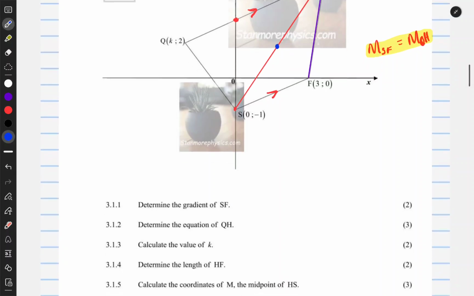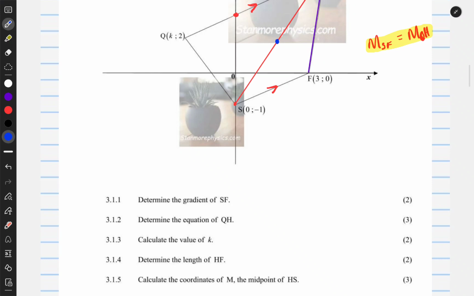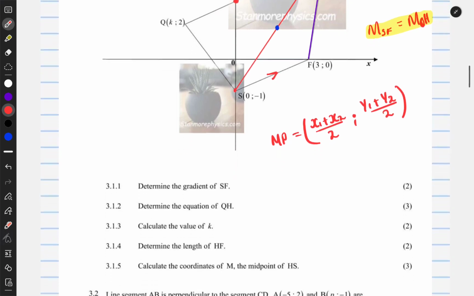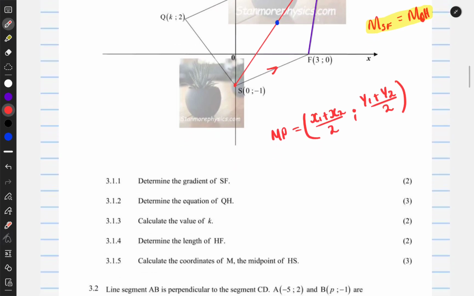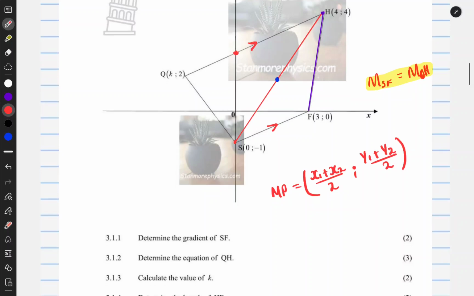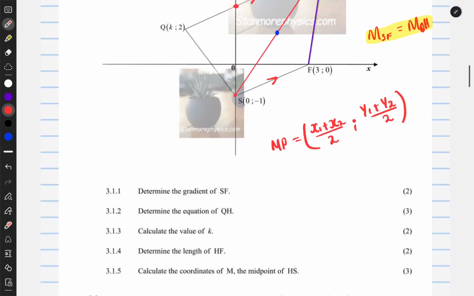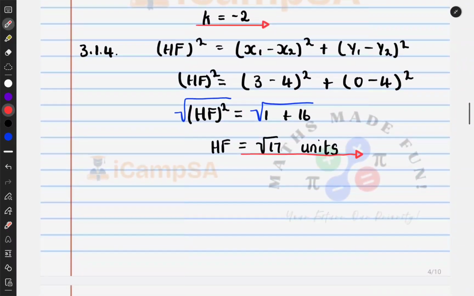The midpoint formula is (x1 plus x2 divided by 2, y1 plus y2 divided by 2). This will give us the coordinates of M. The H coordinates are (4, 4) and the S coordinates are (0, -1).